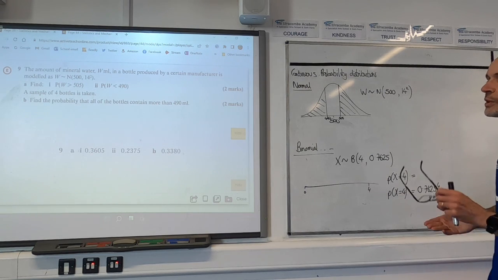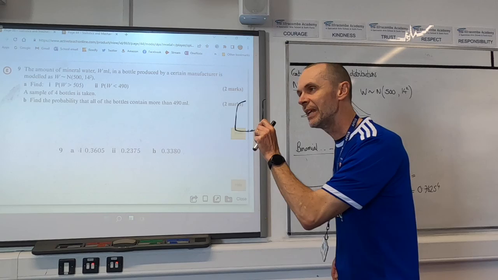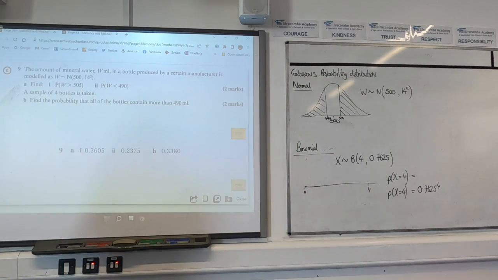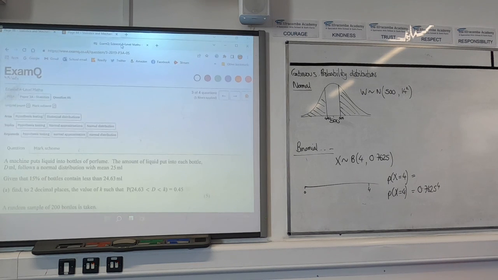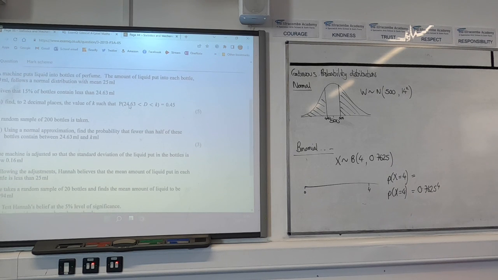Okay, so this was a normal distribution where we were told mean and standard deviation. Do you remember that we did come across questions where we had to work out the mean or the standard deviation? Here is an example.